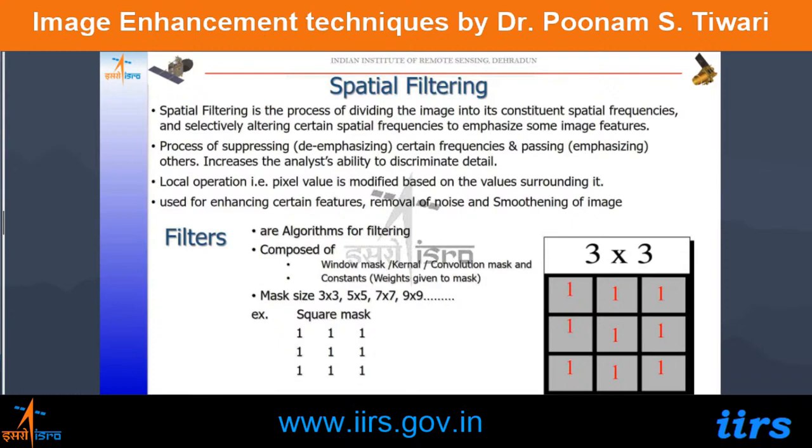Filters are used for spatial filtering, and the filters are the algorithms which we use for filtering. The filter is composed of a kernel or window mask or convolution mask, generally 3 by 3, 5 by 5, 7 by 7 and 9 by 9. You can have any size of window mask, but it is an odd numbered mask.